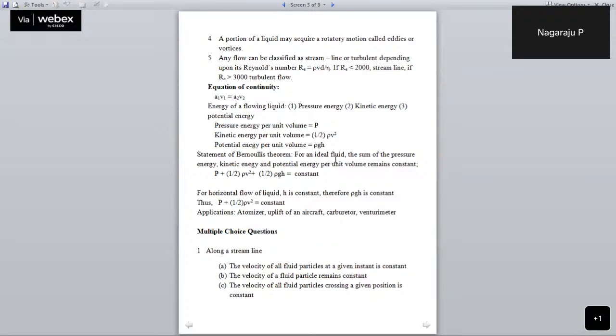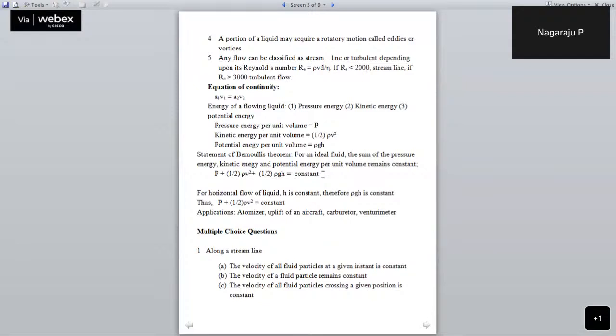The sum of the pressure energy, kinetic energy, and potential energy per unit volume remains constant. That means the sum of all three energies, pressure energy, kinetic energy, and potential energy per unit volume, remains a constant, which we can write as P plus half rho V square plus rho g h is a constant.